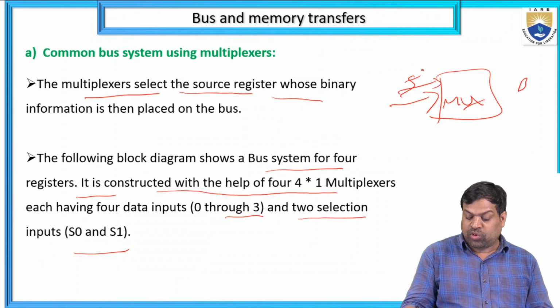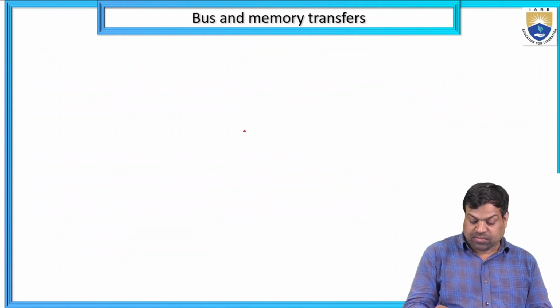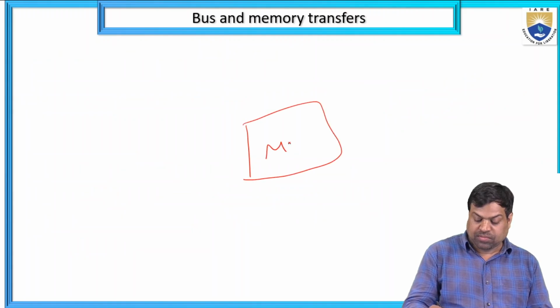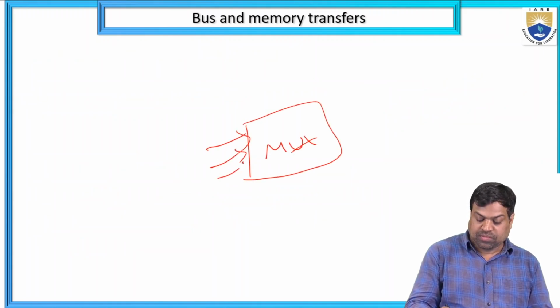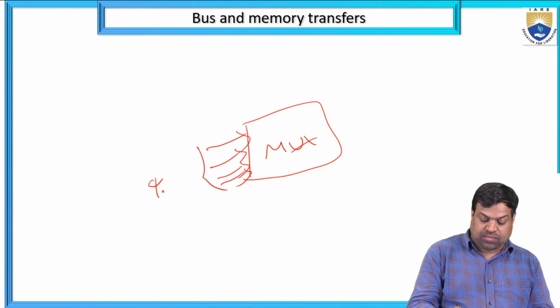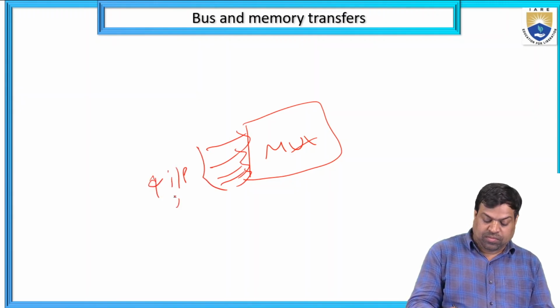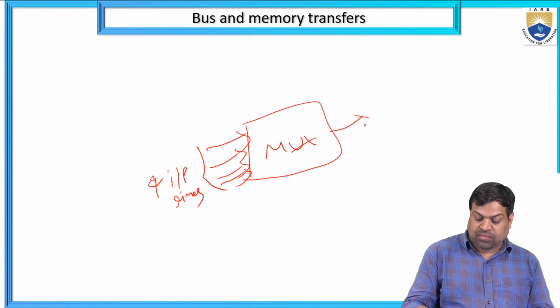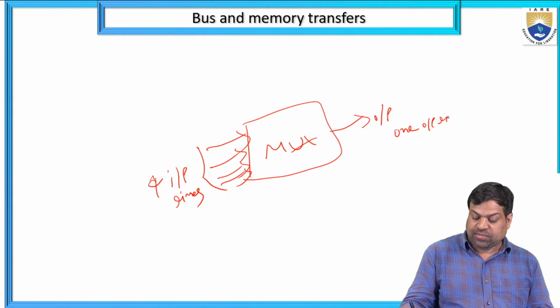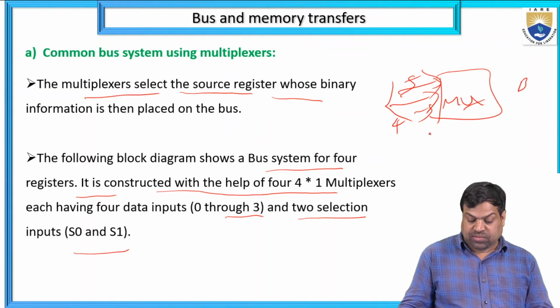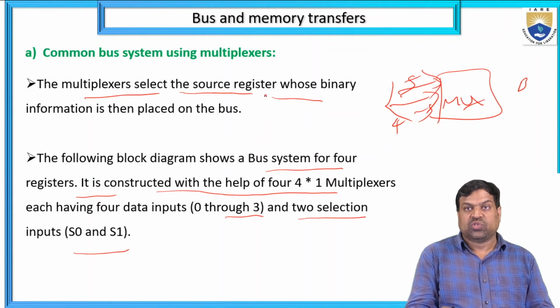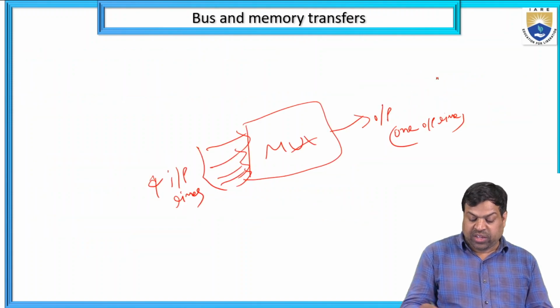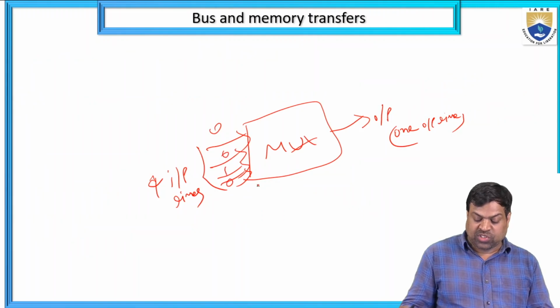So I am taking 4:1, which means 4 input lines, one output line. So a multiplexer selects the source register whose binary information is then placed on that one. Here I am taking 0, 0, 1, 1, 1, 0 like this.